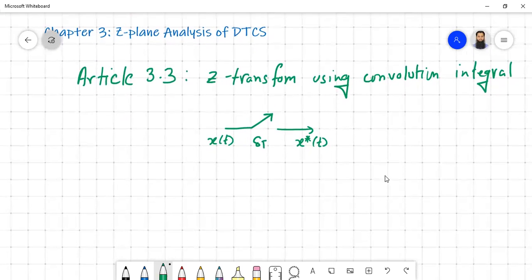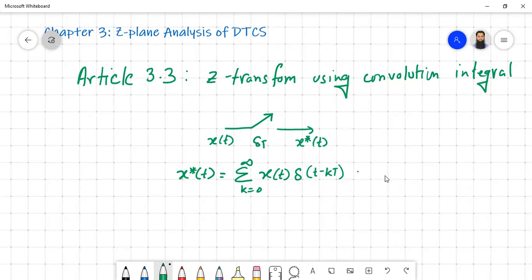We have seen previously that x star t is basically the summation from k equal to 0 to infinity of x(t), which is the signal strength. Previously, t has been replaced by kt. Same here, if you want, you can do that. Delta t minus kt is a kt delayed version of the unit impulse signal.